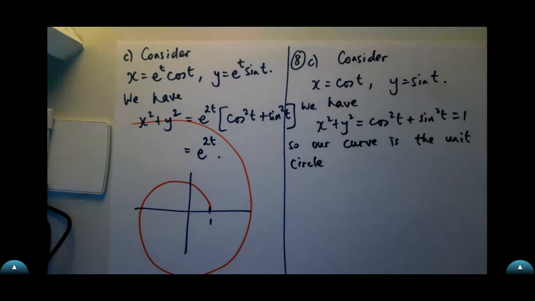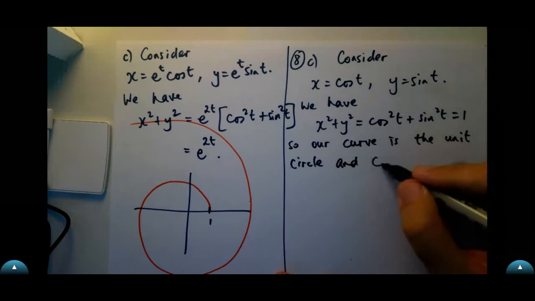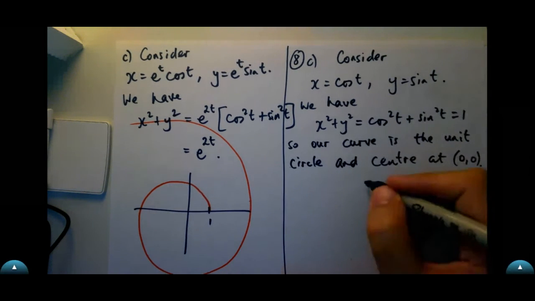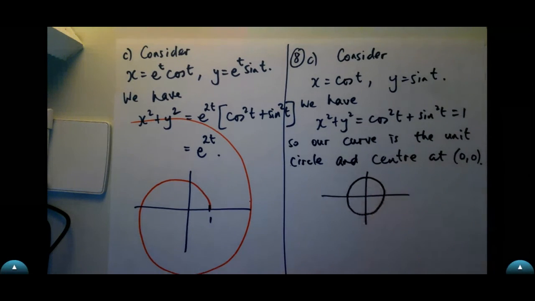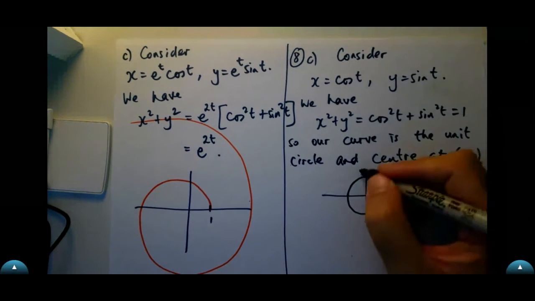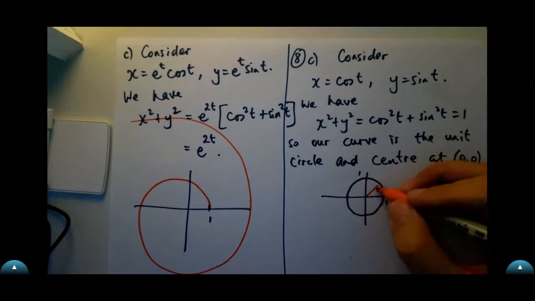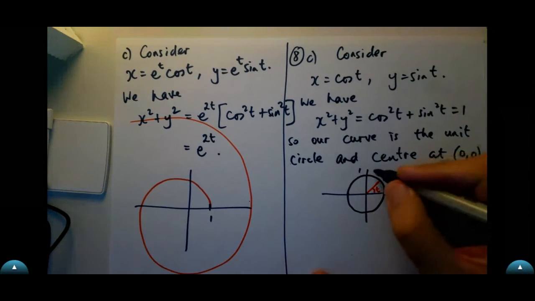By unit circle, I mean circle of radius 1 and center at the origin. Okay, so you can kind of think of it like this, and that's 1, that's 1, and the t here could be the angle down there to the positive x-axis.